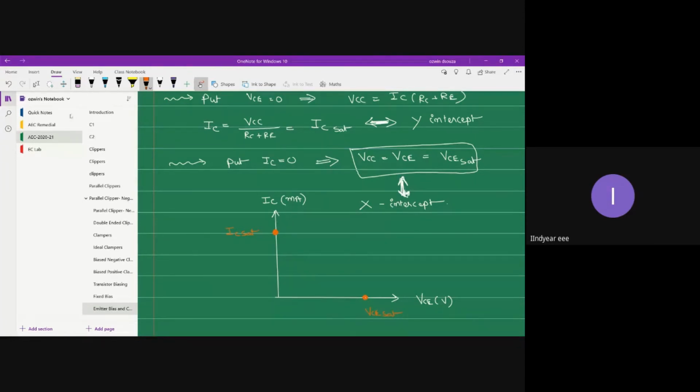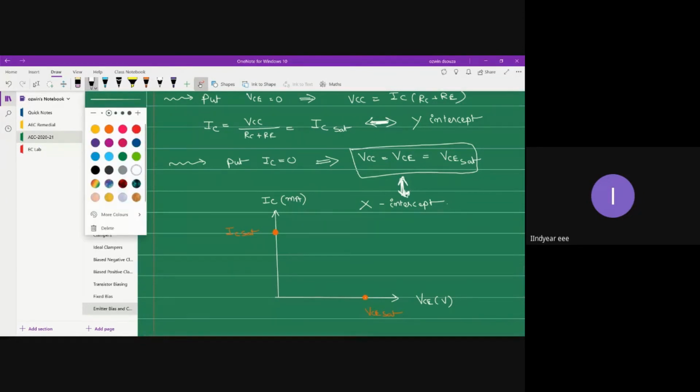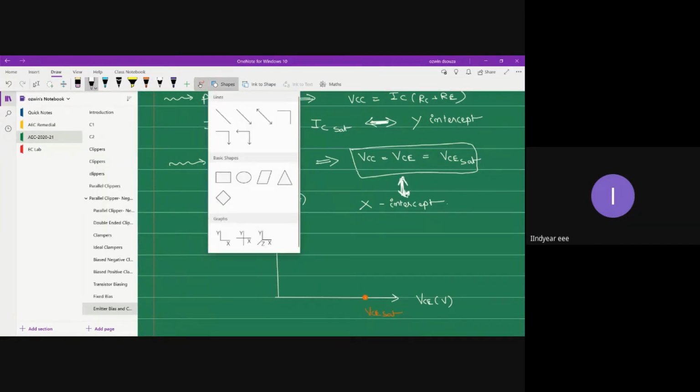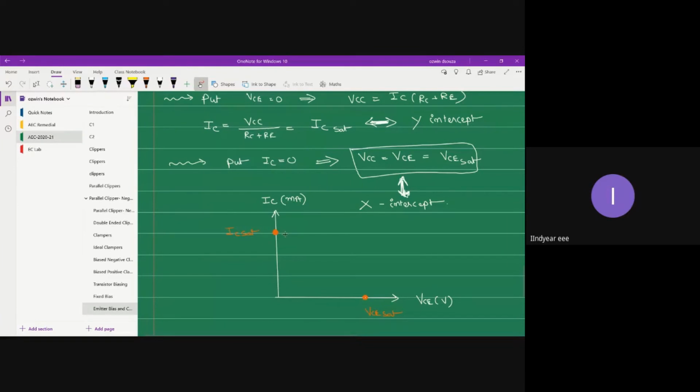Once these two have been placed in the load line diagram, you can join the two points with a straight line. That gives you the load line.